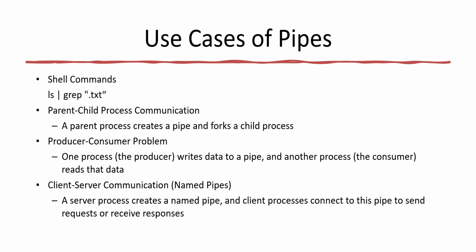The second example is parent-child process communication. A parent process can create a pipe and then create a child process. The two processes can communicate through the pipe. Third example is the producer-consumer problem. Here one process acts as the producer. It writes the data into the pipe. The other process acts as the consumer. It reads the data from the pipe.